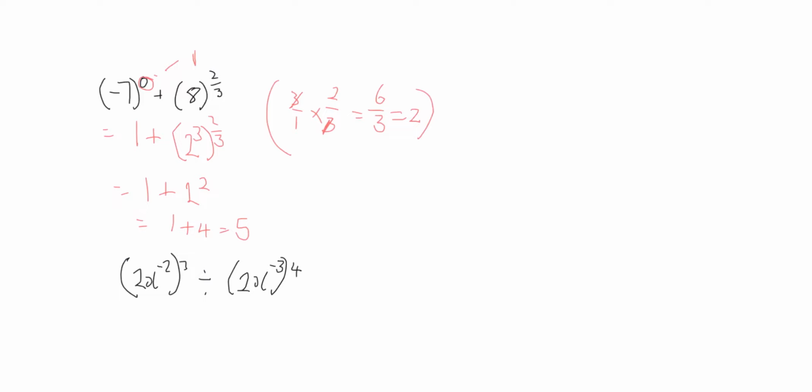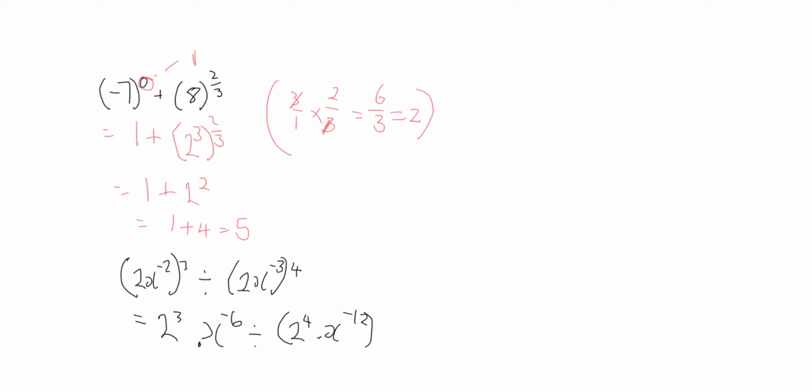So this means that this is going to be 2 to the power of 3 multiplied by x to the power of negative 2 multiplied by 3, which is x to the power of negative 6, divided by the same thing applied here: 2 to the power of 4 multiplied by x to the power of negative 12. And yes, this is going to be negative 12.